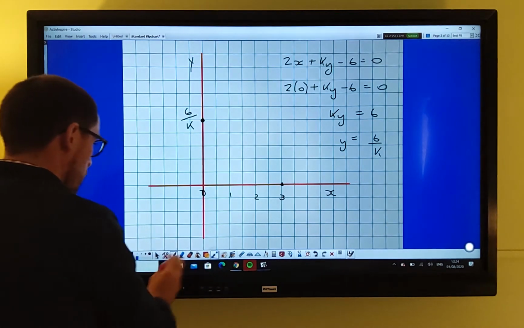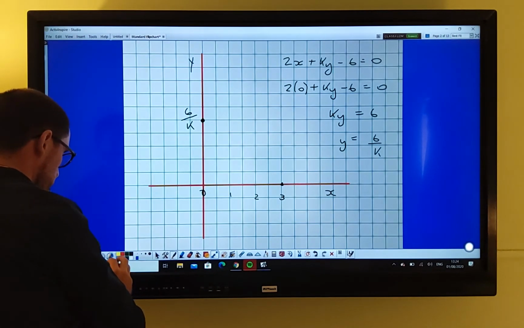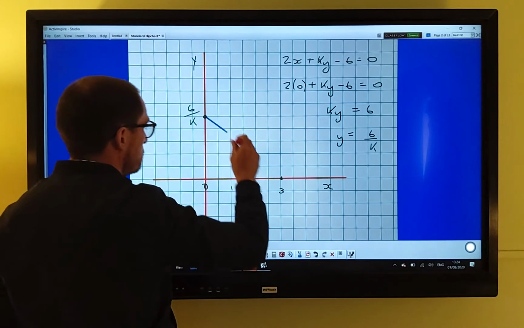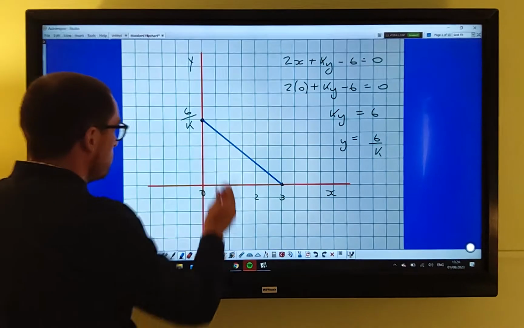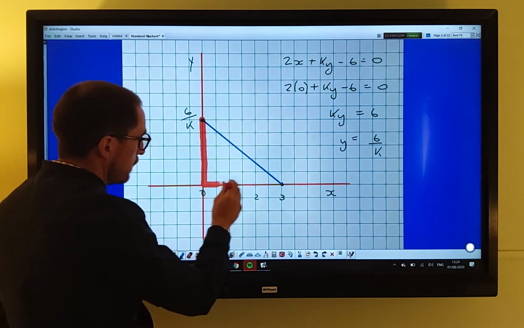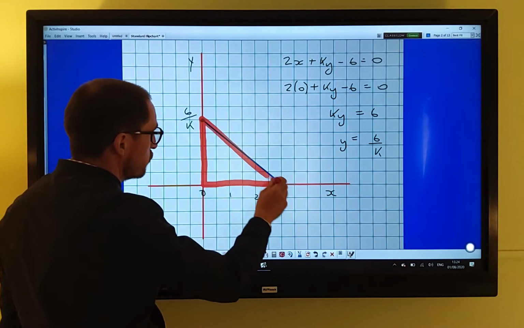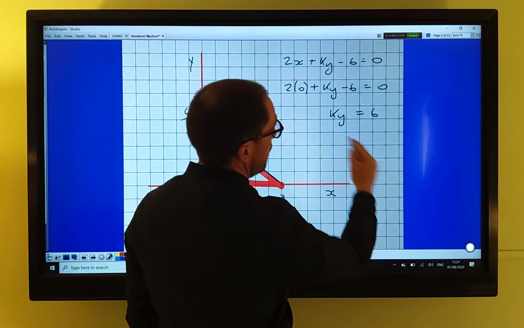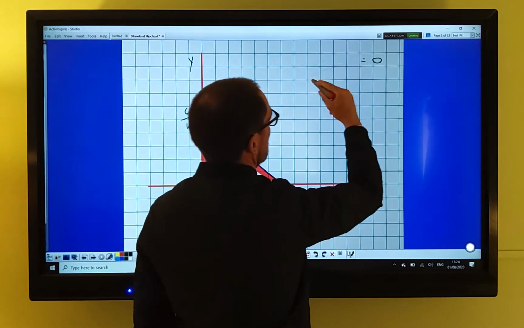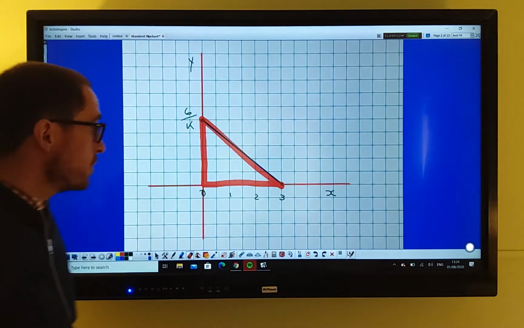Now, if I join those 2 points up, as follows, you can see here a right angle triangle. I know that the formula for getting the area of a triangle is half the base times height.